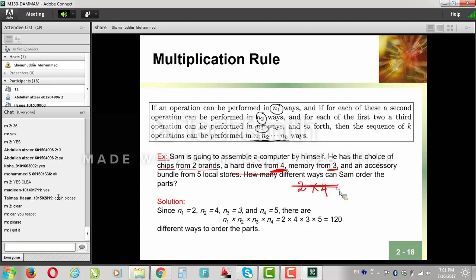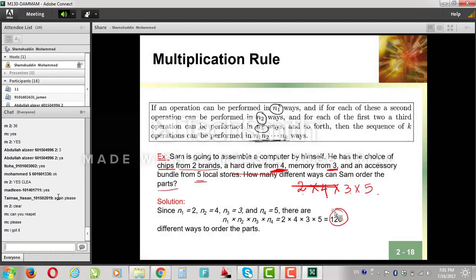He can choose from 3, so multiply with the president's 3. I have 49 from 5 local stores. In the first case I have 5 times 49. How many ways can Sam order the parts?